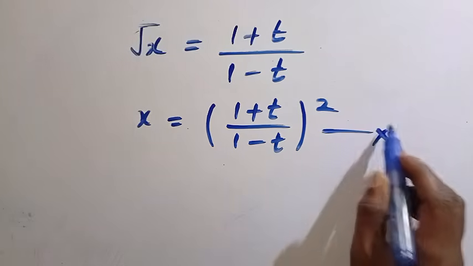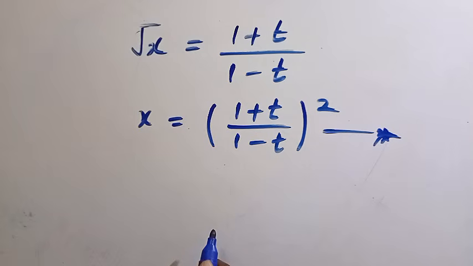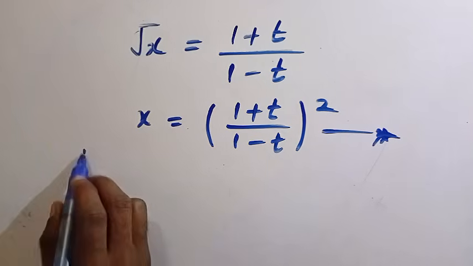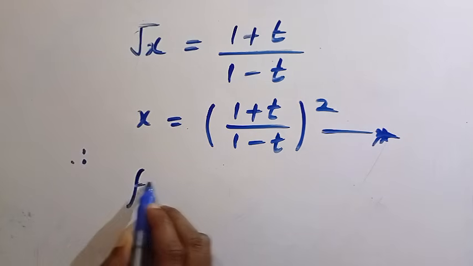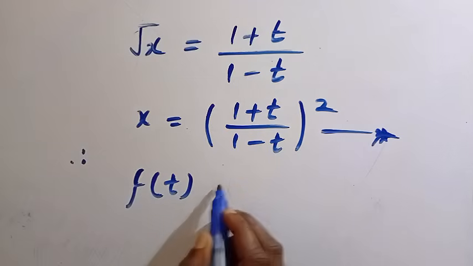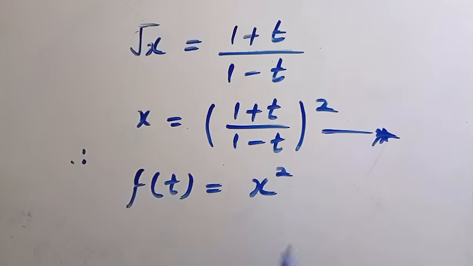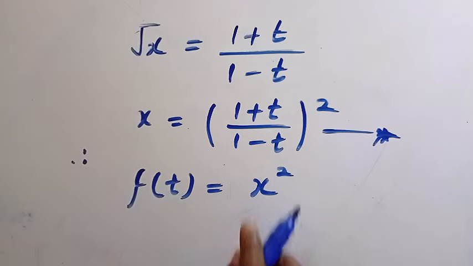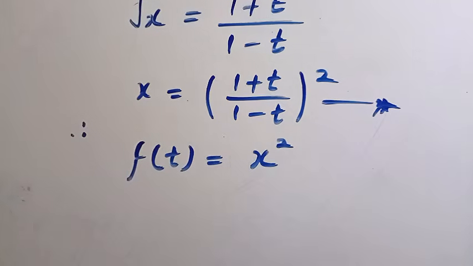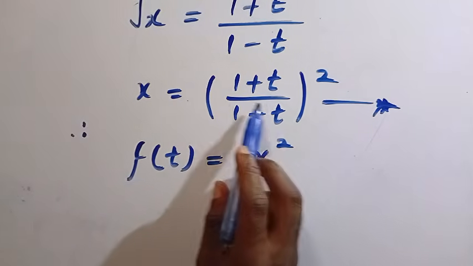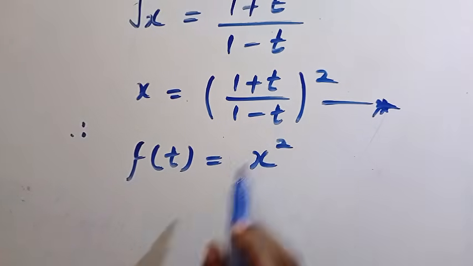So we continue from the original equation, which says f of t equals x squared. We need x, and the x here is given as 1 plus t over 1 minus t squared.